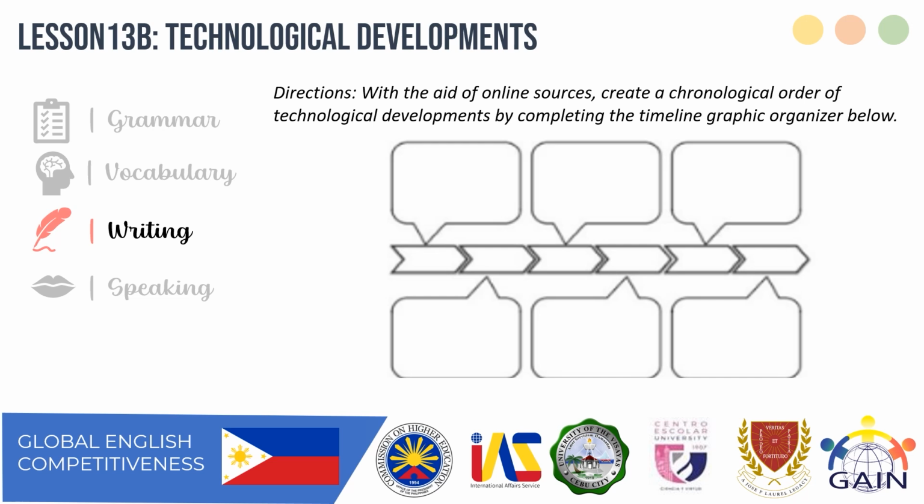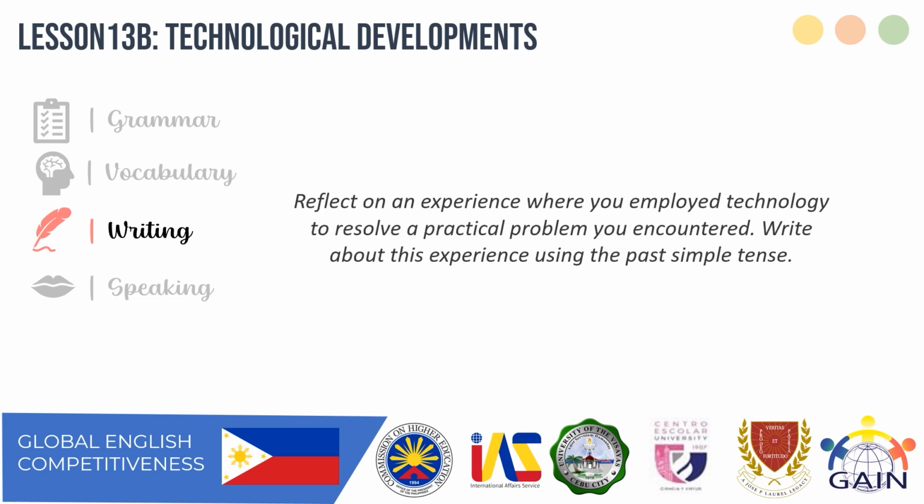Now, moving on to our writing activity, with the aid of online sources, create a chronological order of technological developments by completing the graphic organizer on your screen. This time, reflect on an experience where you employed technology to resolve a practical problem you encountered.